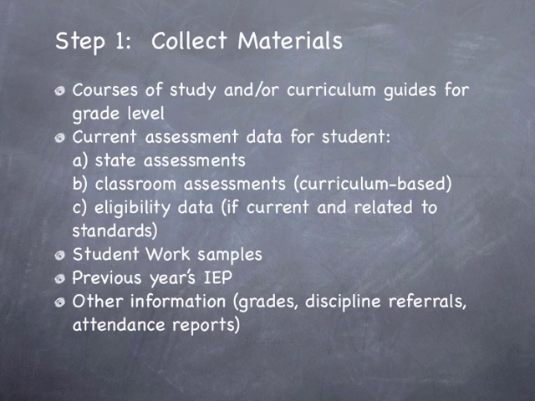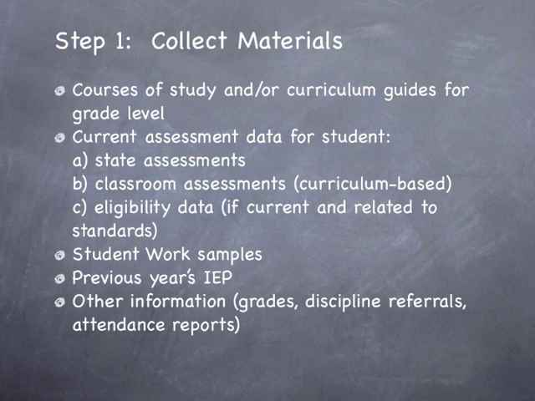For example, state assessments, so you could look at their NESA results, and classroom assessments, that might include things such as their Scholastic Reading Inventory results and their guided reading level. For math, it might include their DIBELS. You could look at their data from their Acuity assessments. And then you can also look at their most recent eligibility data, so information from their most recent MDT.